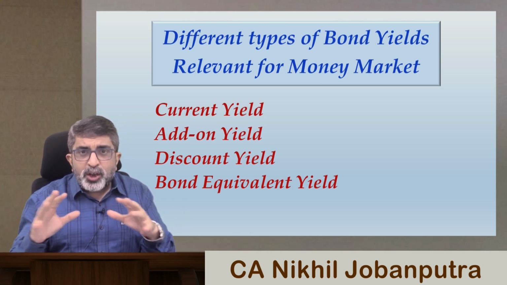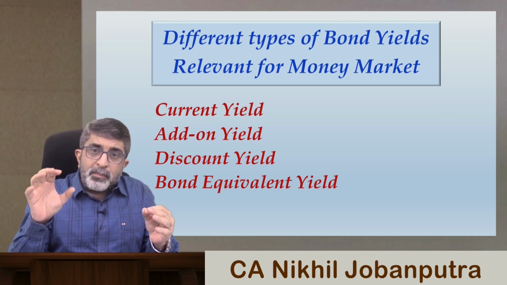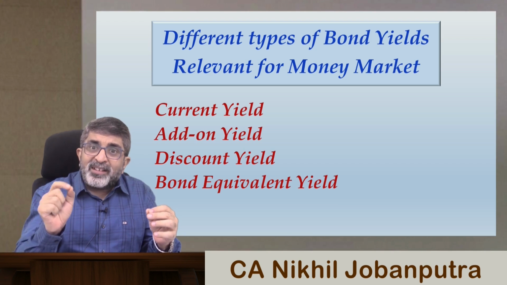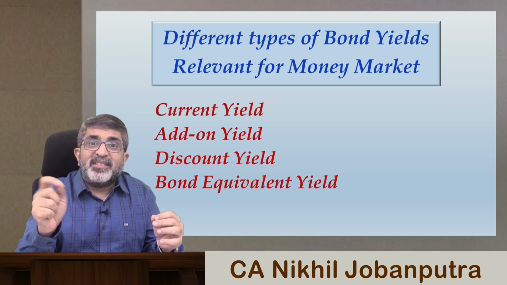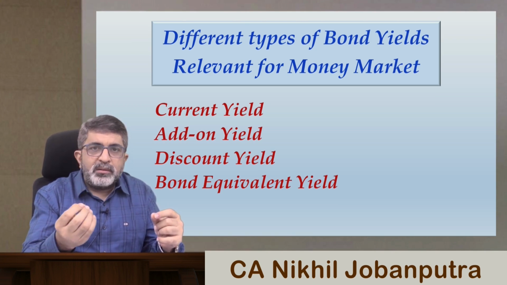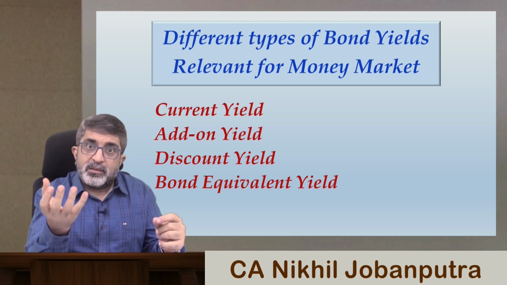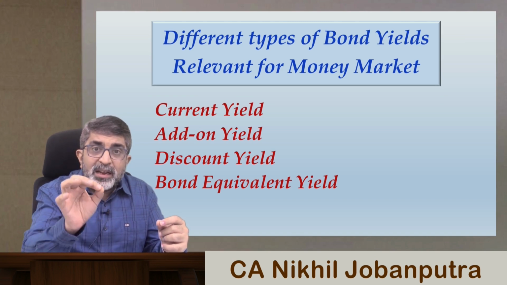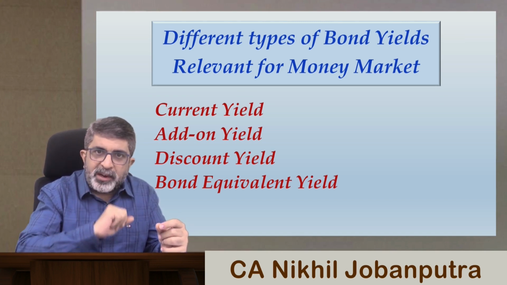If I set the context, in most cases in the money market, instruments are traded at a discount because the par value will be receivable on maturity. One typical example could be the discounting of bills, a bill of exchange, which is traded at a discounted price.